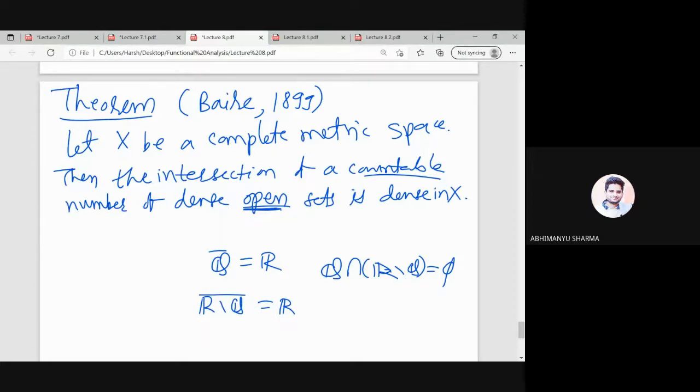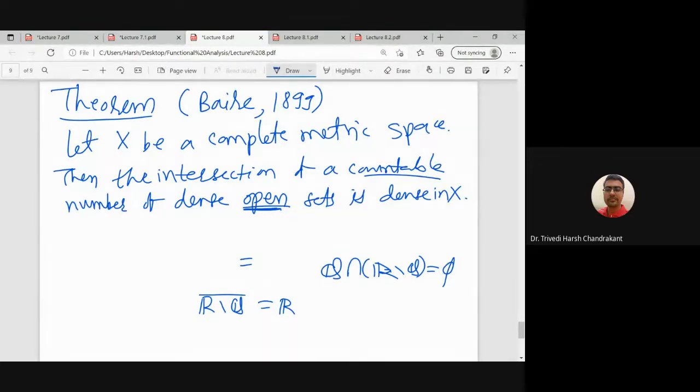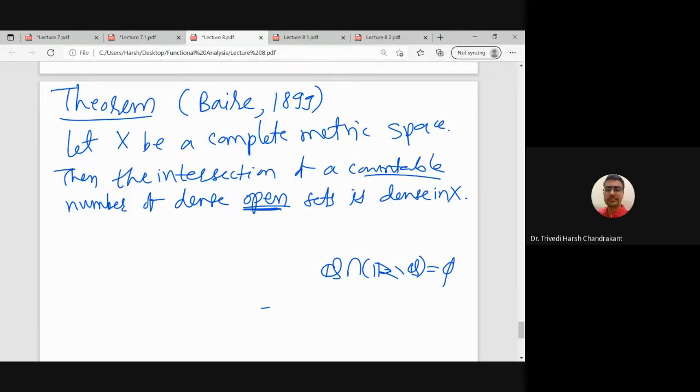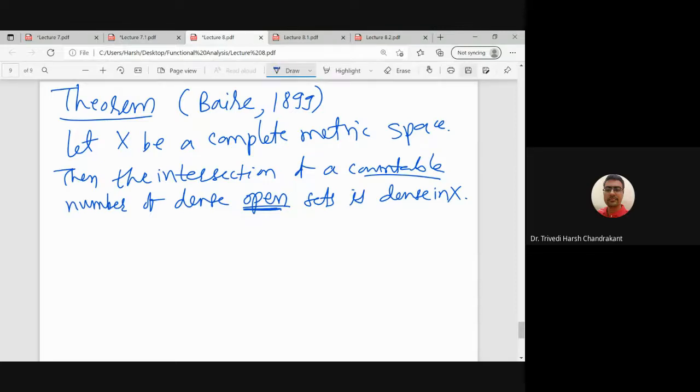Q is not open in R because for every epsilon greater than zero, the neighborhood contains uncountably many irrational numbers, by the irrational density theorem. Similarly, R minus Q is also not open. Yes, that is correct, so it doesn't contradict this theorem.